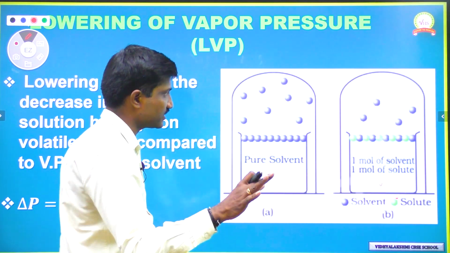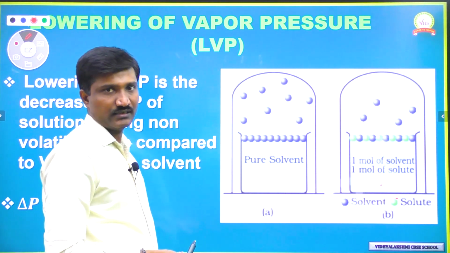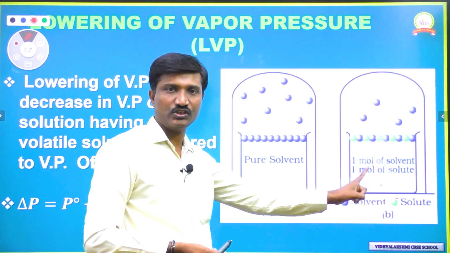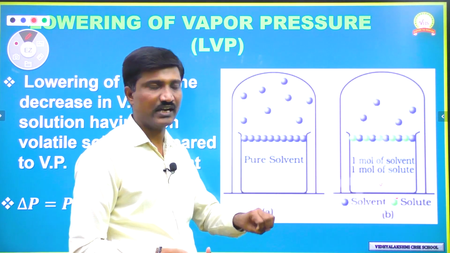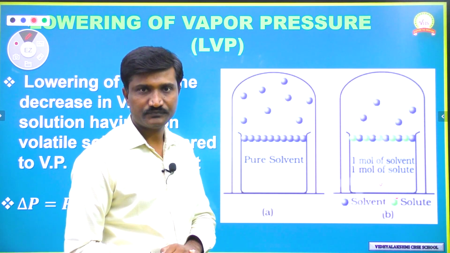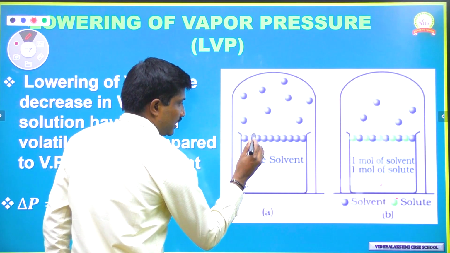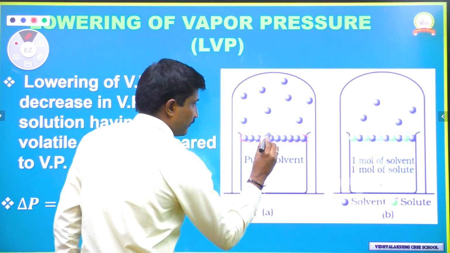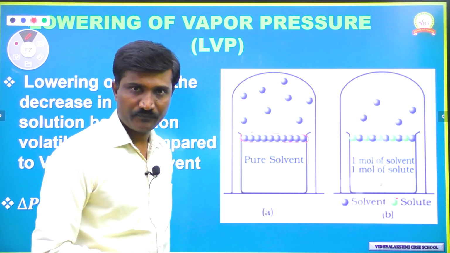Now let us see the volatile nature of these two, the liquid in the pure state and in the solution after adding non-volatile solute. Let us see what happened to that volatile nature. See carefully: the volatile nature of any liquid mainly depends on the surface of that liquid.